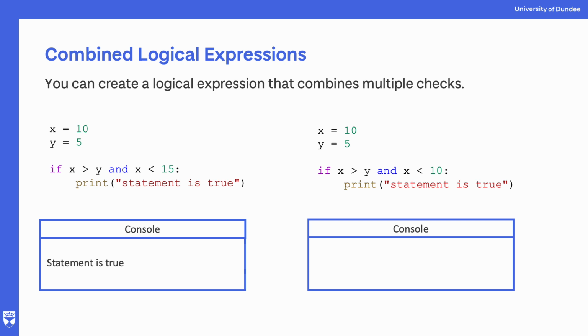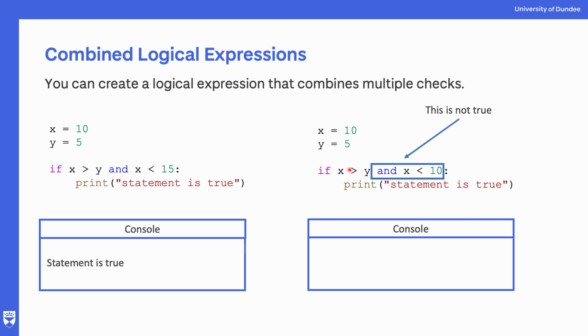This other one though, same thing, x is 10 and y is 5. If x is greater than y, true, 10 is greater than 5. And x is less than 10, that bit isn't true. 10 is not less than 10. So all that happens is Python will come to this code line here and check that.